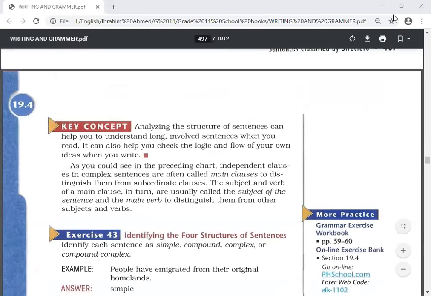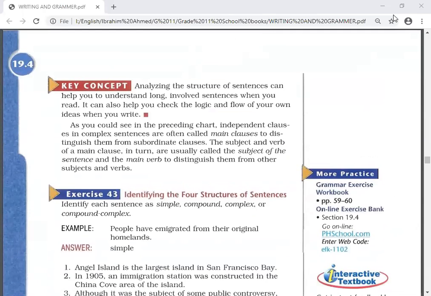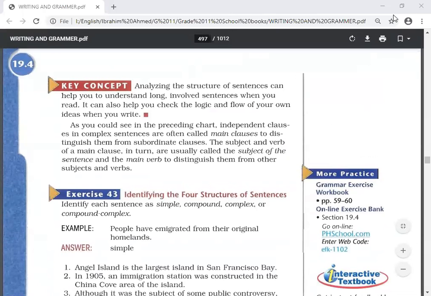Okay. Here we have some keynotes. You should analyze the structure of sentences to understand long, involved sentences when you read. It can also help you check the logic and flow of your own ideas when you write.